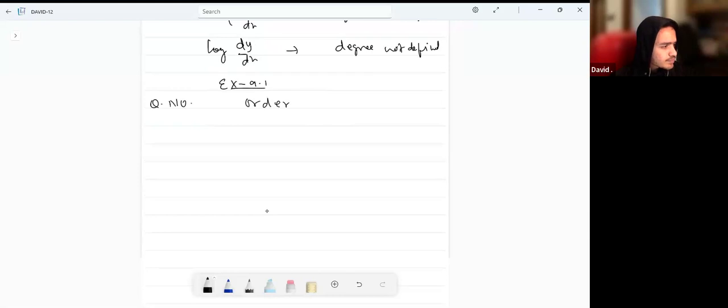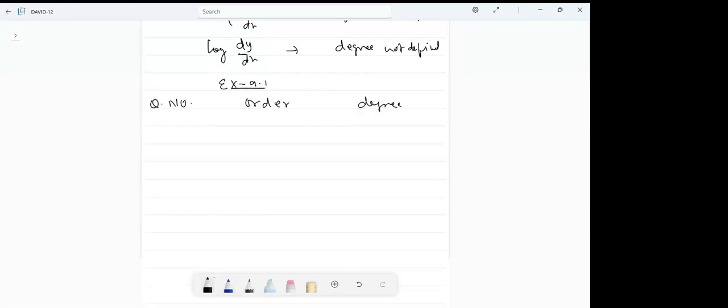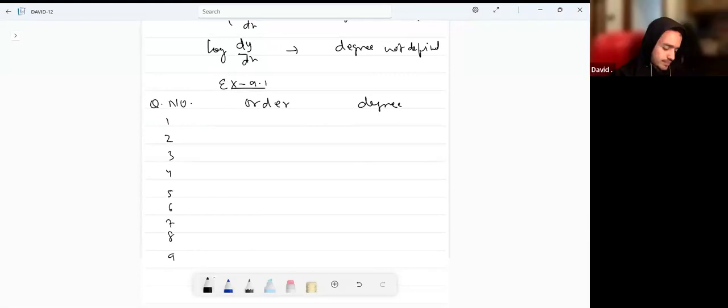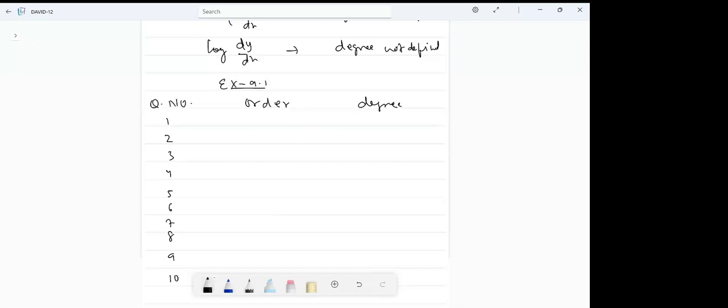Write the question number, order, and degree, from question 1 to question 12. Write the order and degree, then check the answers.